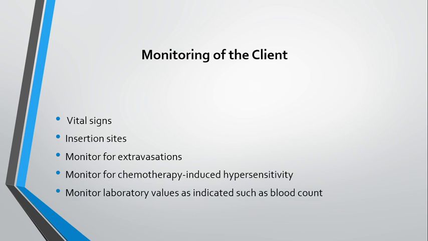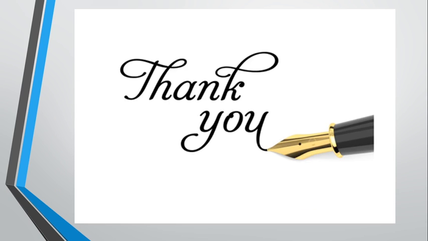Next, you have to do certain investigations like blood counts to see whether they are as per the levels recommended for cancer chemotherapeutic patients. So these are the things which you do to monitor patients undergoing cancer chemotherapy. So that comes to an end in today's session. Thank you very much for listening.